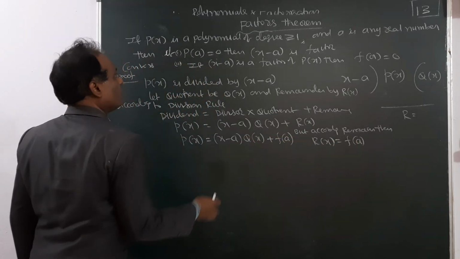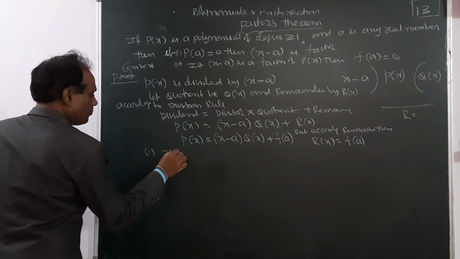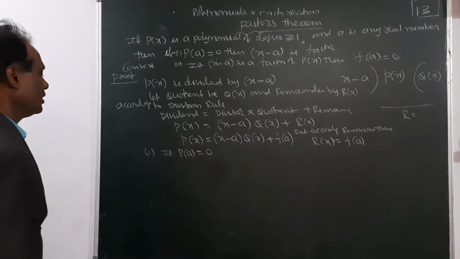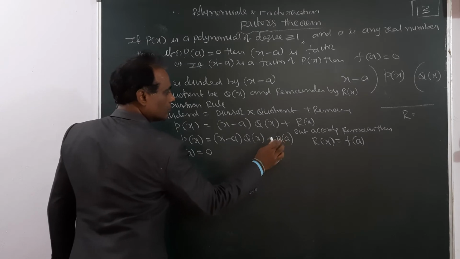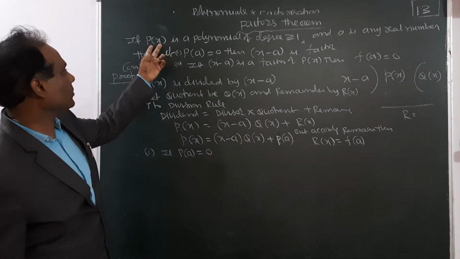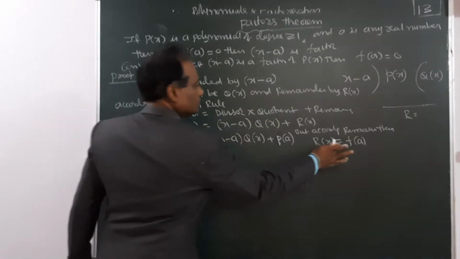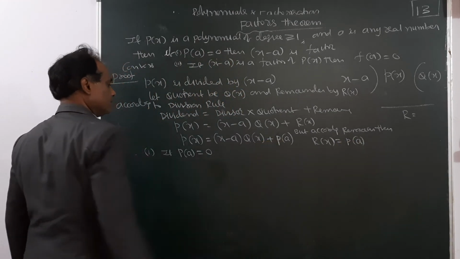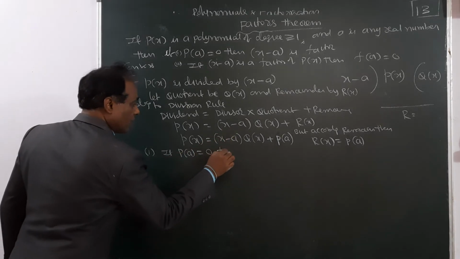Now, first case. If P of a is equal to 0, that is P of a. In all the cases use P only because it is taken as P. If it is taken as F, you can use F. So, if P of a is equal to 0, then what happens?